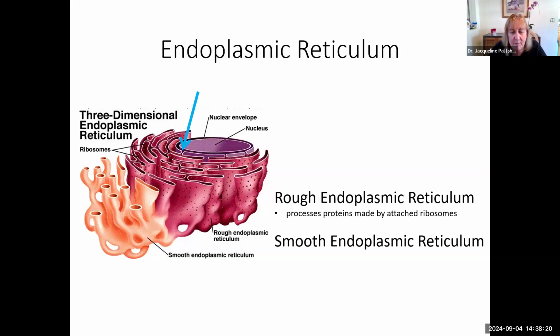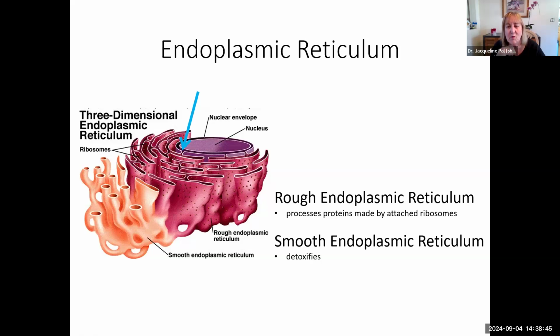The first job, it has the function of detoxifying. So if you got a bunch of toxins, its job is to break down those toxins so you don't die. That job falls to your liver. So in your liver cells, you're going to have a truckload of smooth endoplasmic reticulum.